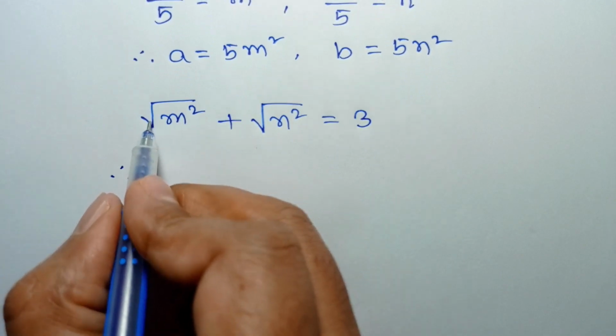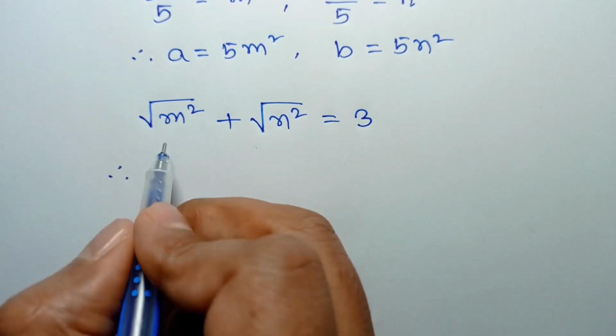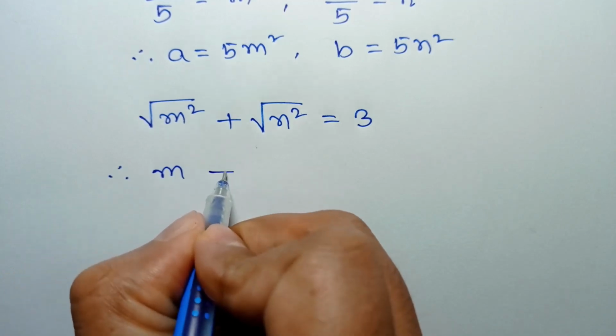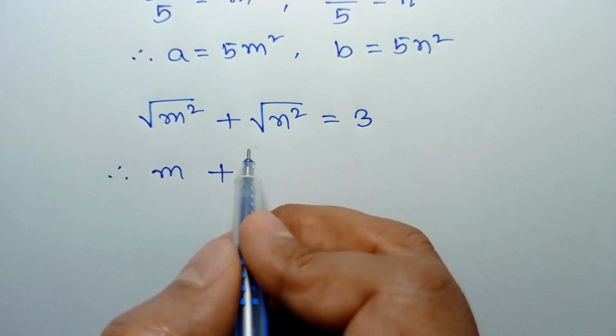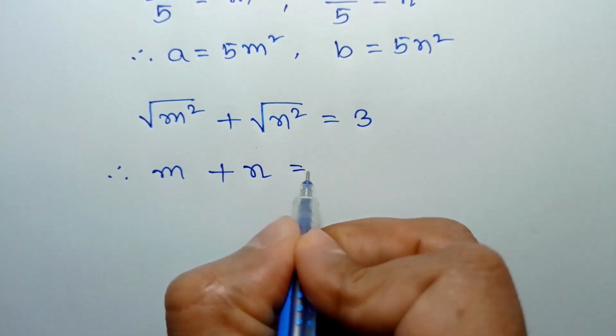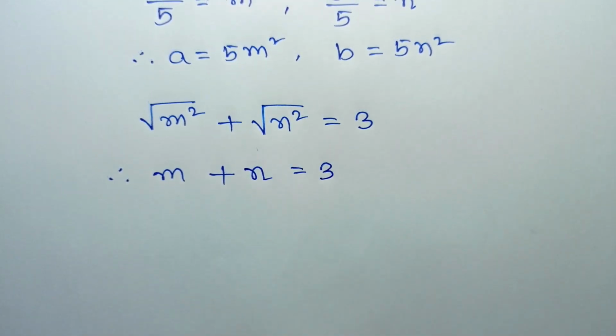So this square root and square will cancel out, so we can write m plus, similarly, this square root and square will cancel out, so it will be n is equal to 3.